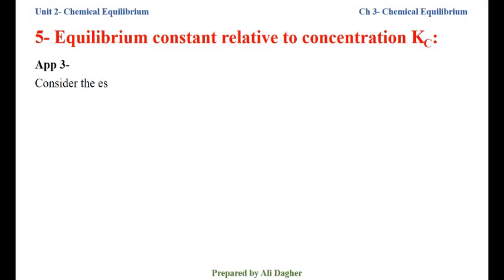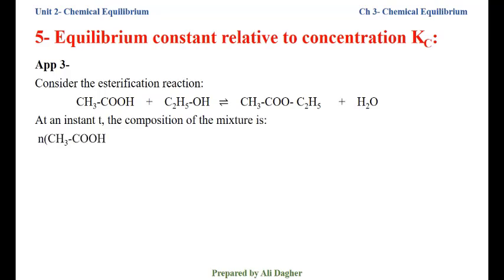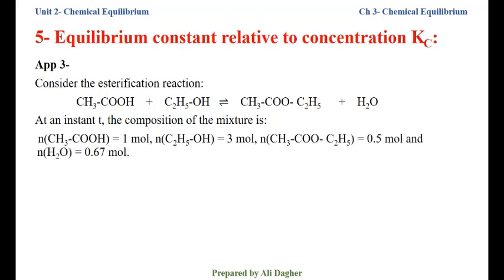Application. Consider the esterification reaction: CH3COOH, carboxylic acid, plus alcohol gives ester plus water. At an instant t, the composition of the mixture is n of CH3COOH equals 1 mole, n of C2H5OH equals 3 moles, n of ester equals 0.5 mole, and n of water equals 0.67 mole.